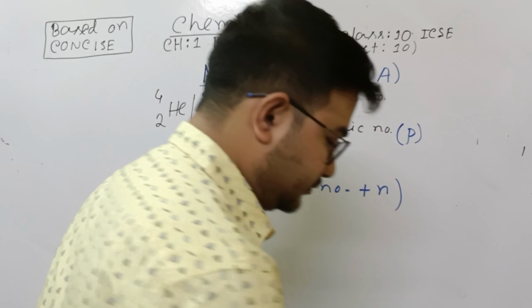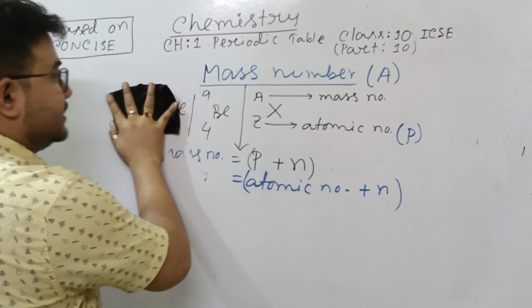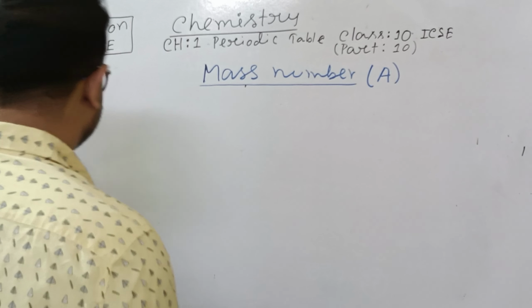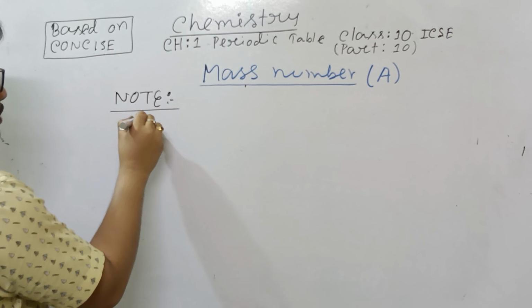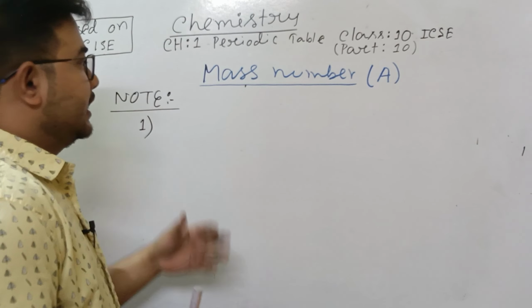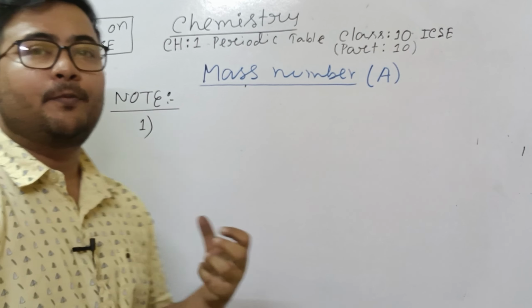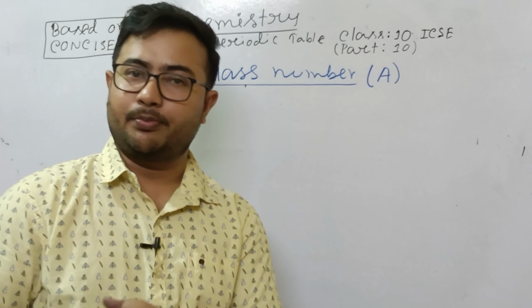Now, after this, in brief we have a few notes. Look at the board. First, note number 1. Consider some atoms having an odd number of protons and some atoms having an even number of protons.